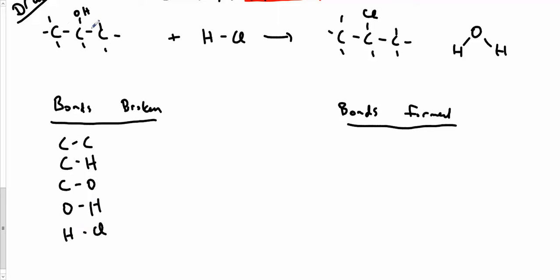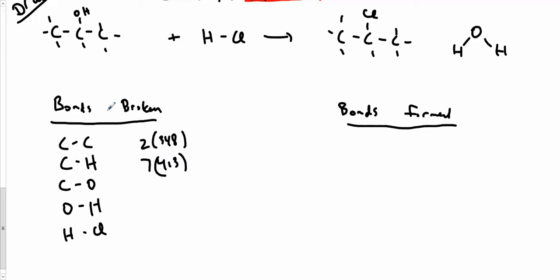How many CC bonds are there? There's 1, 2, so there are 2 of these, and 348 is the value when I look on the table of values. You can find a table in your textbook, and you can find tables online. For the CH bond, it's 413. How many are there? 1, 2, 3, 4, 5, 6, 7. 7 of those.